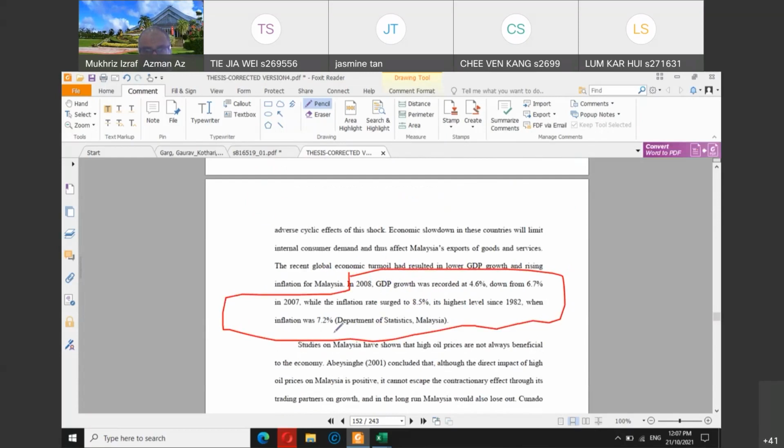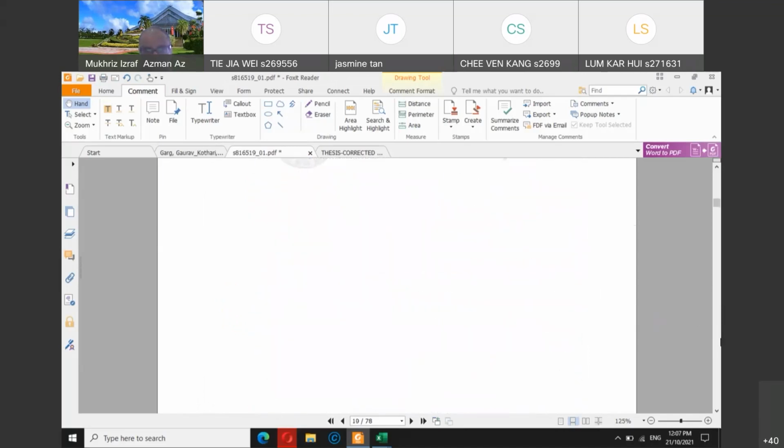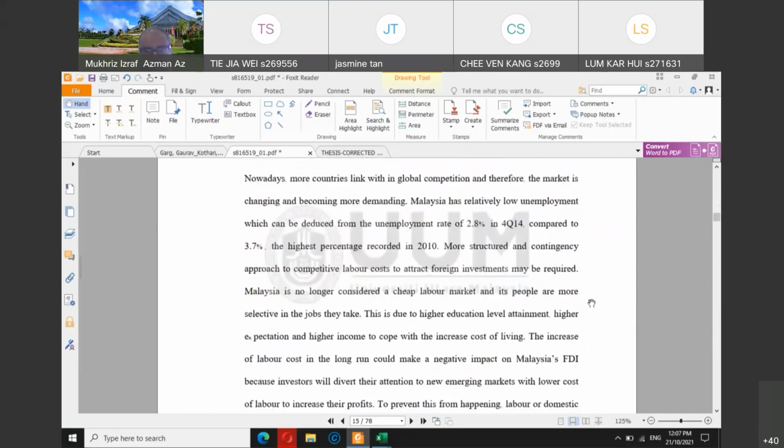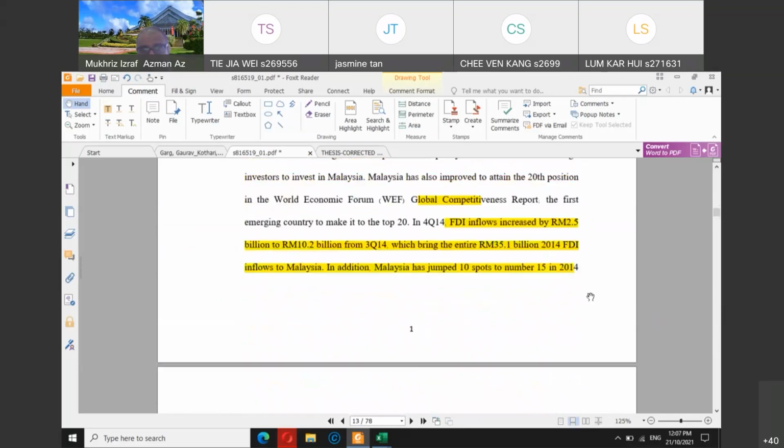So again, whenever you provide numbers, recall the thesis on the FDI topic that we discussed last Monday, when I asked some of you to share what the student wrote in the thesis, and she provided some statistics. The statistics are supposed to strengthen the argument or highlight the importance of FDI in Malaysia.